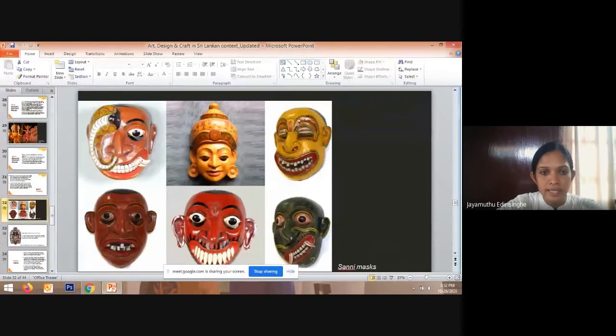Right, you can all see these are some of the Sanni masks, examples of Sanni masks. These are very dramatic, and the way they have depicted the emotions and the colors are different and very exaggerated in order to keep it interesting.